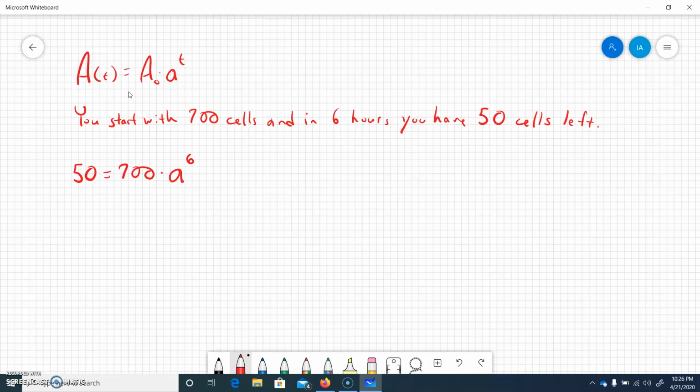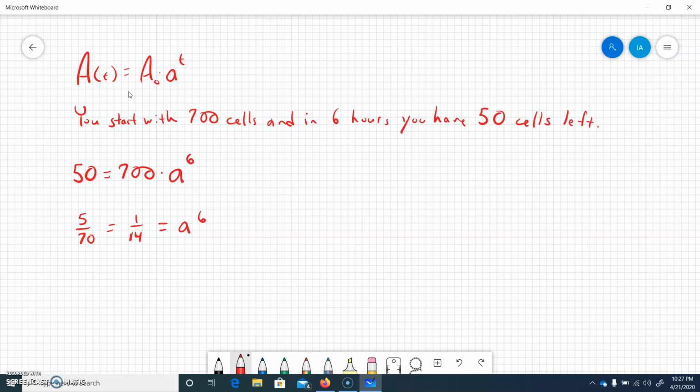So 50 divided by 700 is not the prettiest number, so I'll make it 5 over 70. Let's see, can we make that even better? We can make that 1 over 14. That's a nice thing, but that will be equal to a to the 6.